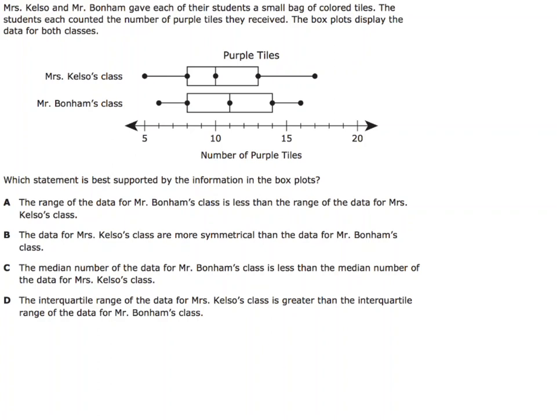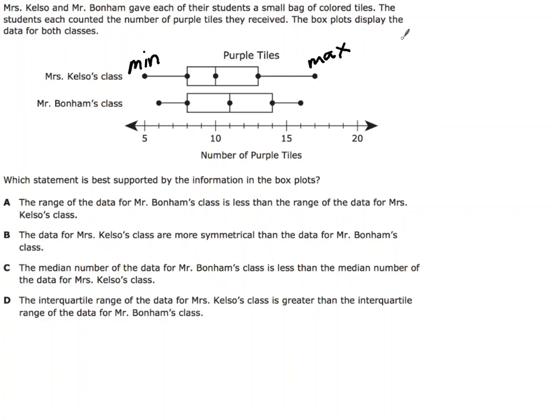This one we don't even have to calculate, but we do have to understand how to read this graph. Here we have Mrs. Kelso's class and Mr. Bonham's class. This is the minimum value, and this is the maximum value.